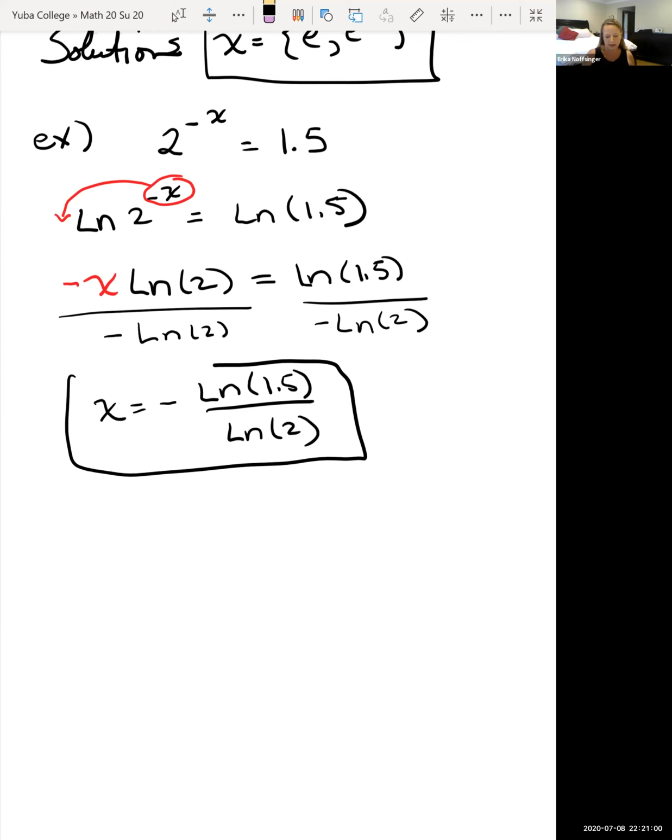So this is the exact form. You can throw it into the calculator to get an approximate. So if you had 2 raised to the x plus 1 power is equal to 5 raised to the 1 minus 2x power.